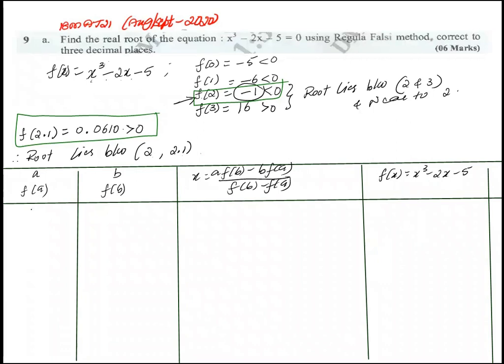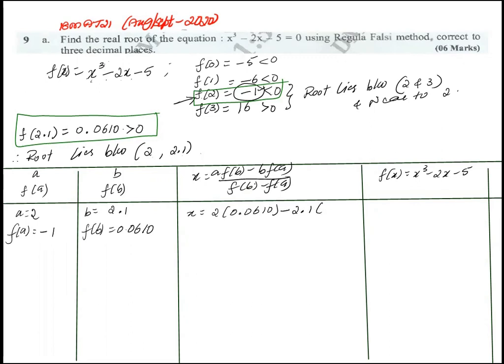So a value is 2, and b value is 2.1. f of a is 0 minus 1, f of a is minus 1, and f of b is 0.0610, right?